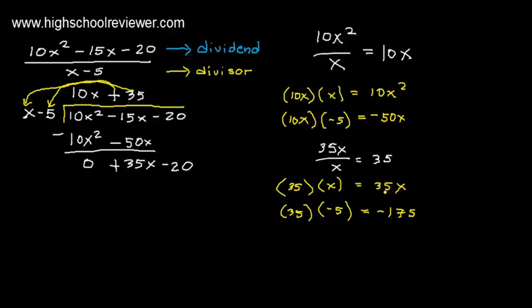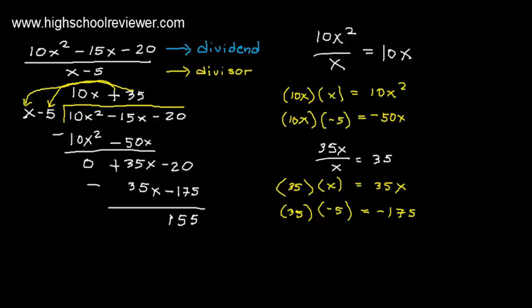So put 35x on the same column as 35x, and then put negative 175 on the same column as negative 20. And then we are going to subtract. 35x minus 35x is 0, no need to write. And negative 20 minus negative 175, this will be positive 155.